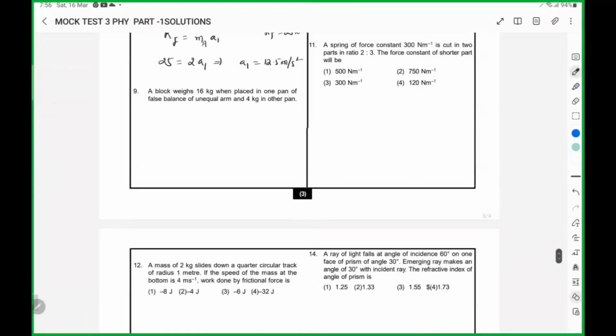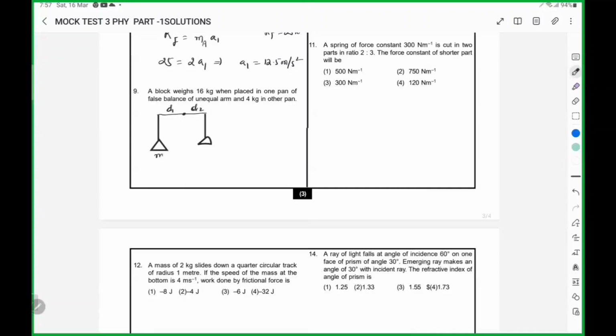A block weighs 16 kg when placed in one pan of a false balance. What he says is that it is somewhere balanced. This is one pan and this is the other pan, let us say at distances D1 and D2.